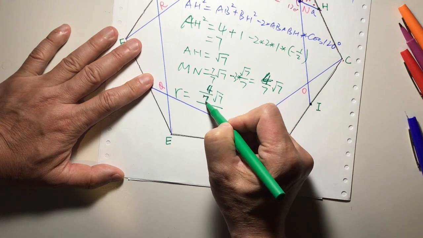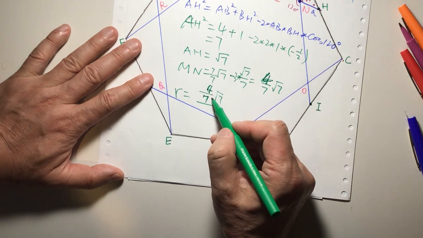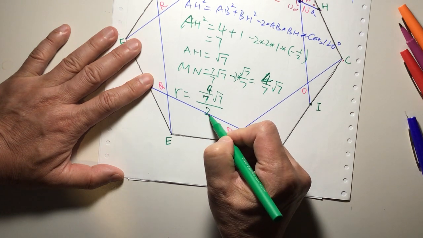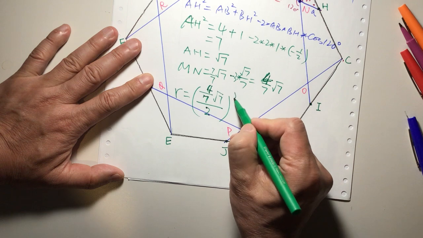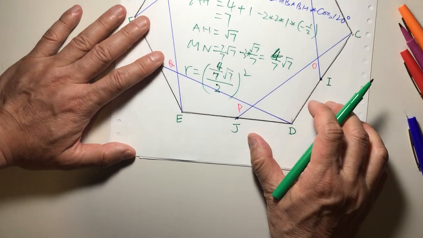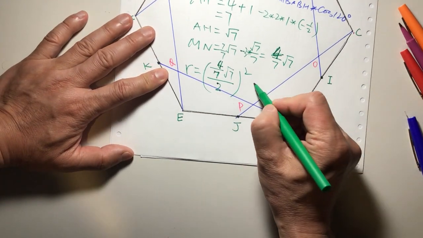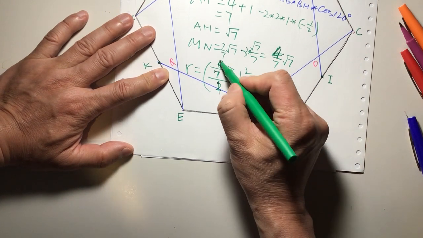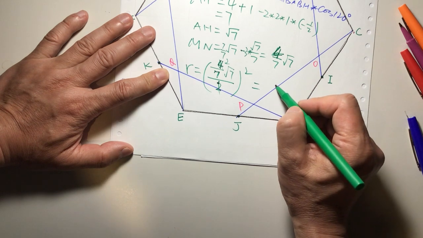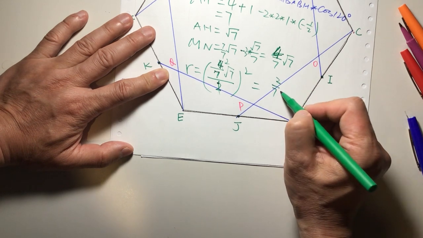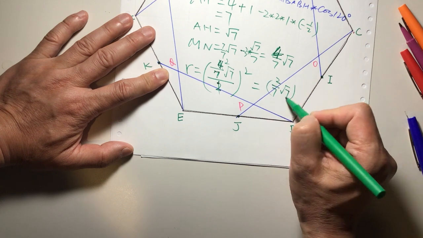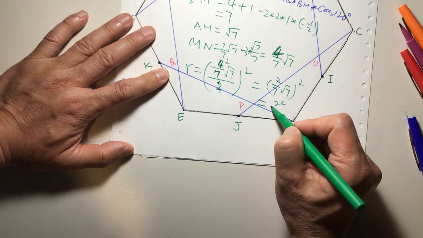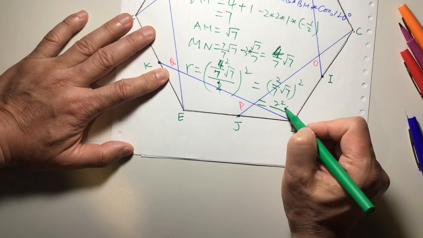4 sevenths square root of 7, and AB is 2, right? Then squared. So what's the result for this one? Here we get 2 over 7 square root of 7, then squared. So we know 2 squared over square root of 7 squared, that's 7.